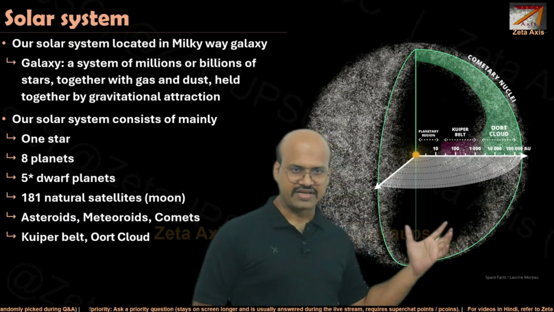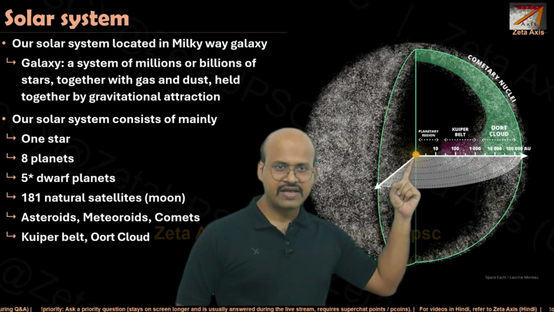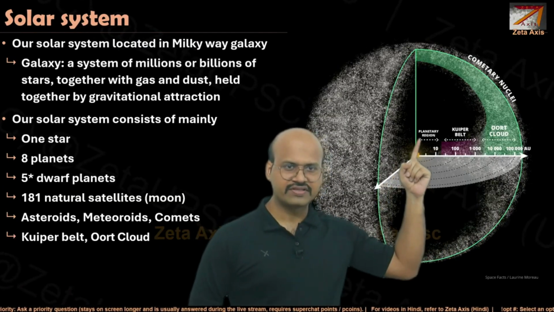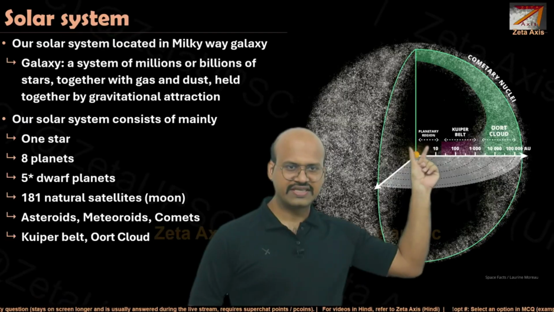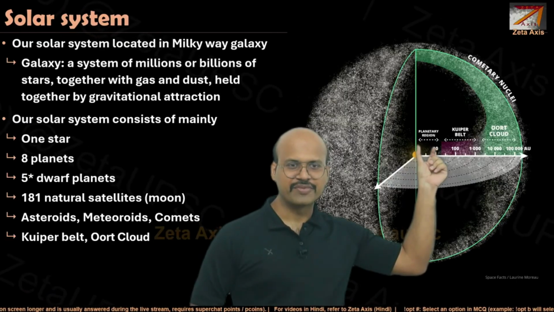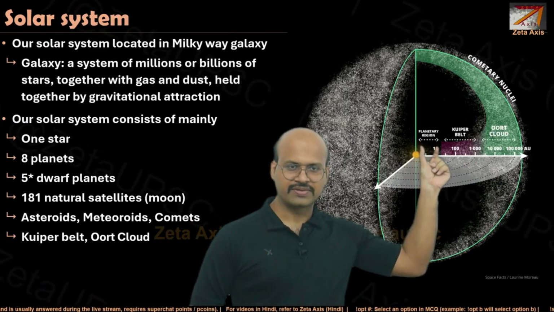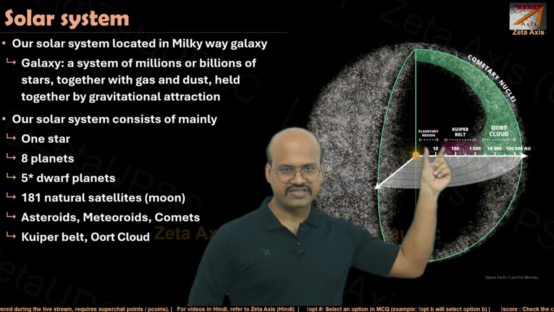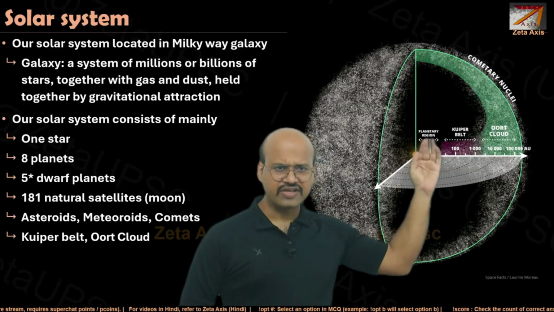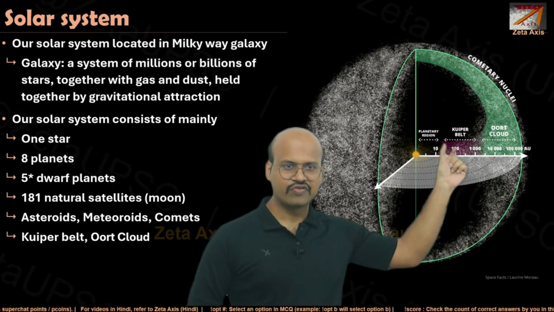So let's try to understand here. This is our sun, and very close to the sun we have this planetary region. So in this region we have our Mercury to Neptune. Remember, Neptune is the furthest planet. Then after this Neptune we have a region which is called the Kuiper belt.